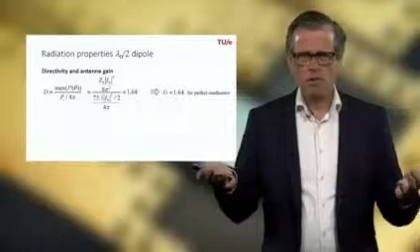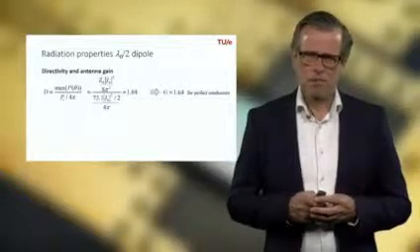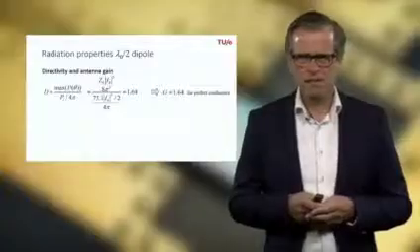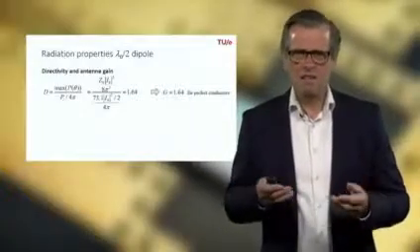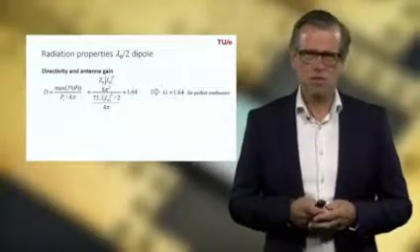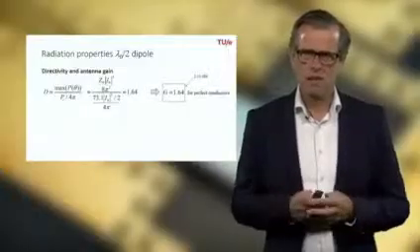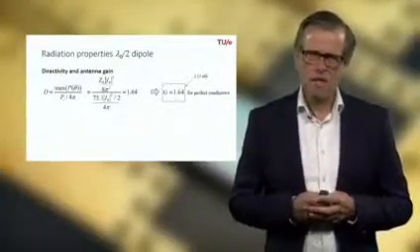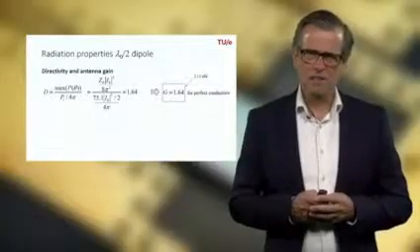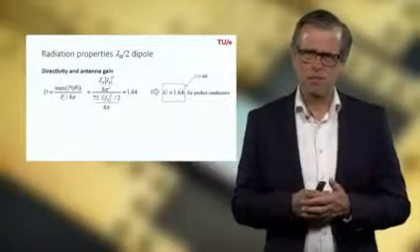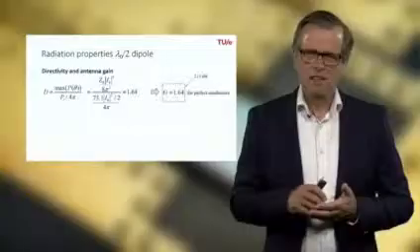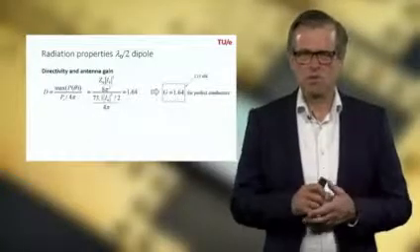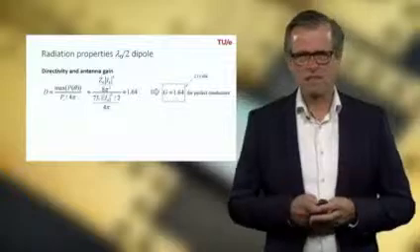If we assume, and we do that for now, that we have perfect conductors, so there will not be any ohmic losses in the antenna, the gain is equal to the directivity, so also 1.64, and in dBi it's equal to 2.15, which is slightly higher than the electric dipole, and that's also expected because the directivity of the dipole, so the beam width, was also somewhat narrower than the electric dipole.